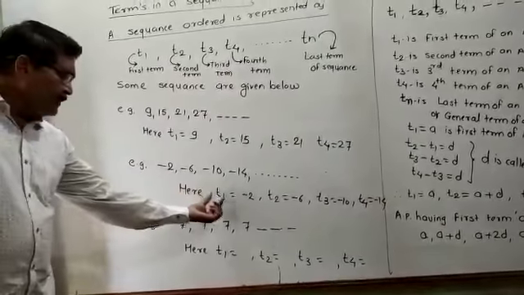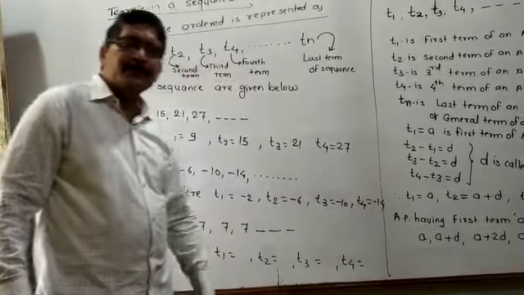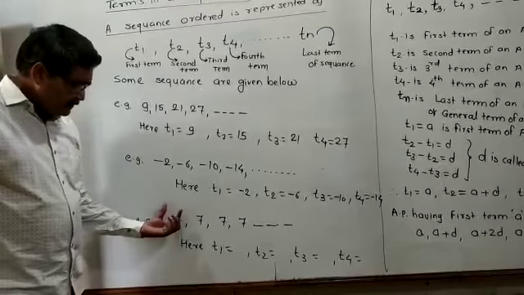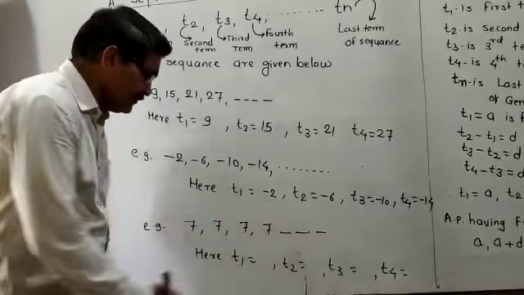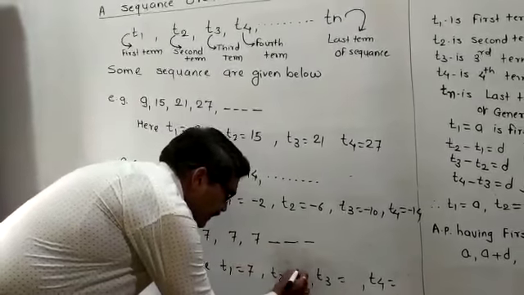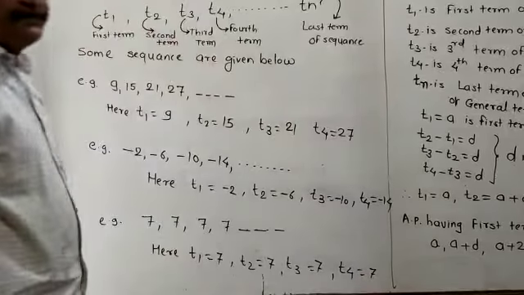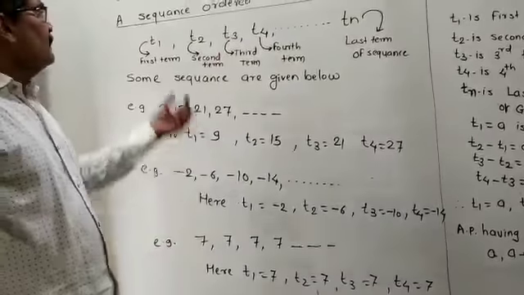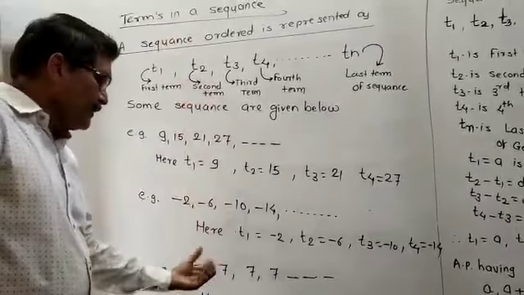T1 represents the first term, T2 the second term, T3 the third term, T4 the fourth term. Here the sequence is 7, 7, 7, 7. So the first term is 7, the second term is also 7, the third term is 7, and the fourth term is also 7. This is how you represent terms in a sequence.